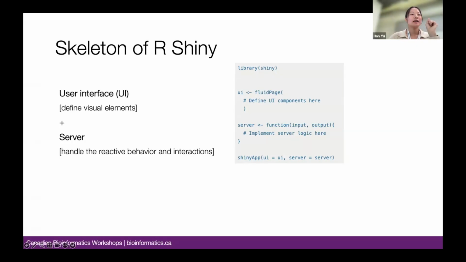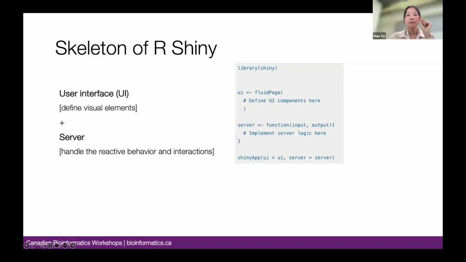We already know that R Shiny is designed by two different parts. The first part is the user interface, and the second part is the server. The user interface defines the visual layout, and the server handles the reactive behavior and interactions.